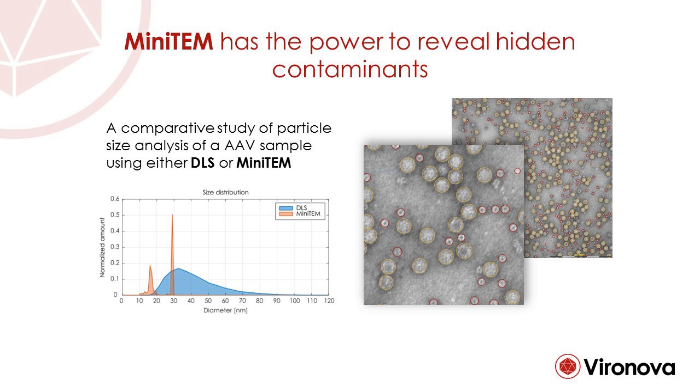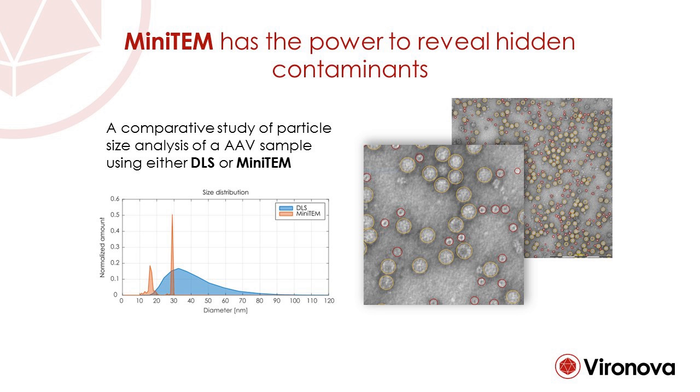You have a median value in the expected 30 nanometers range. The Minitime system, on the other hand, shows you 2 distinct peaks. And when you turn to the images, you can actually see that you have 2 distinct classes of particles, the AAV particles and a smaller donut-shaped particle, which are actually proteasomes. You can see the donut shape from one side and the barrel shape, the side of it, in some of the images.